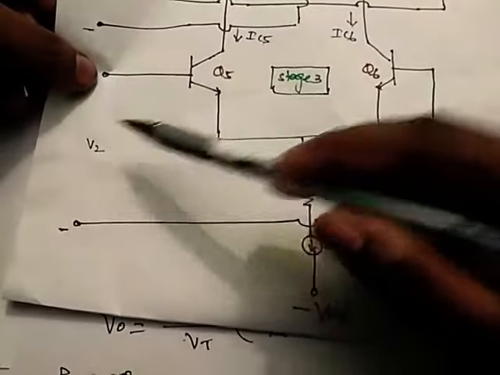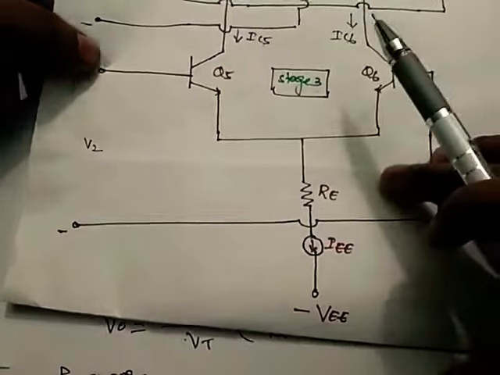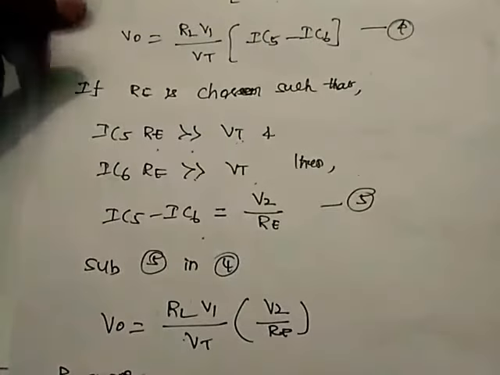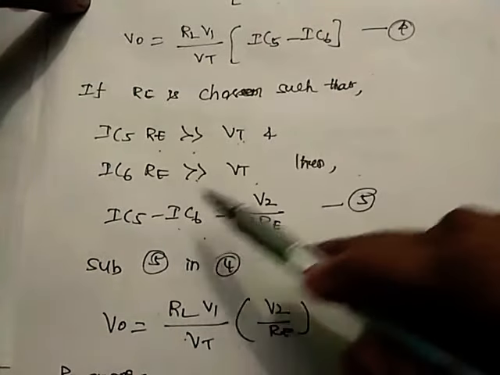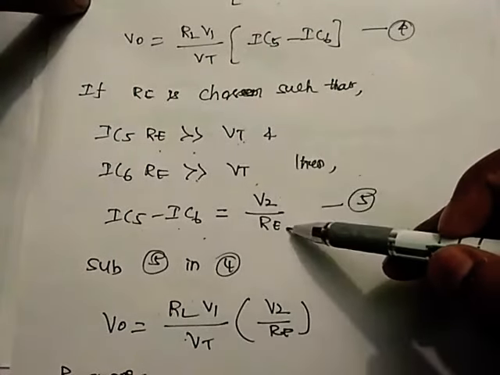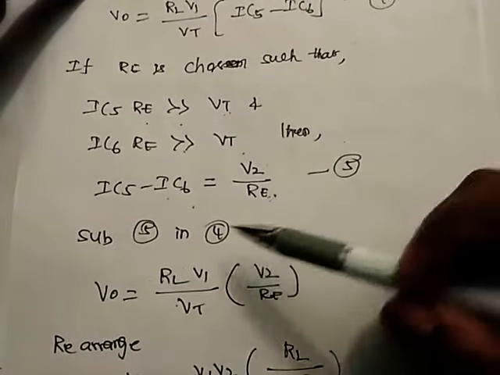V2 is the potential difference in stage 3 and the corresponding resistance is RE. The general format is I equal to V by R. So the difference between these currents IC5 minus IC6 is equal to V2 divided by RE.